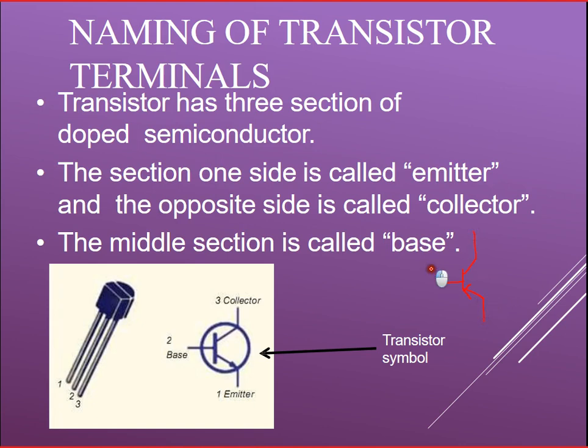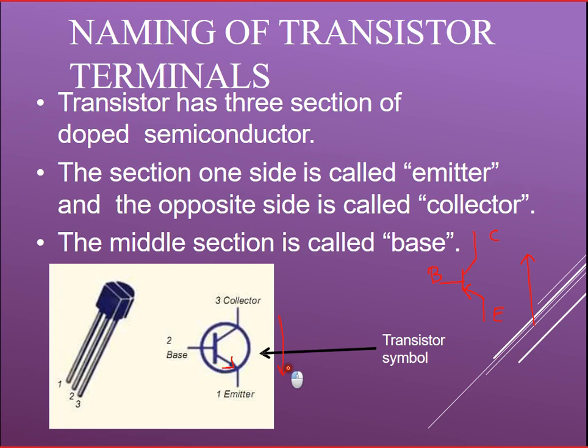So this is the base, and this is your collector, and this is your emitter. So the current flow will be like this. But here, if you note it down, the arrow mark is in this direction, so the current flow will be from upwards to downwards.